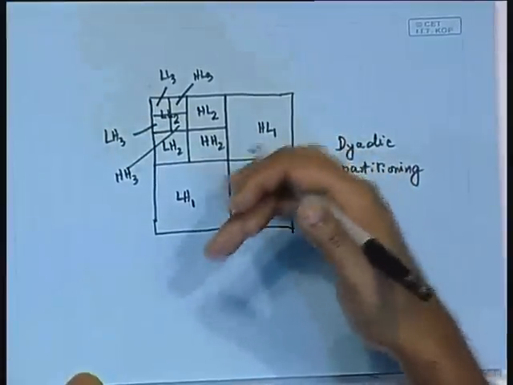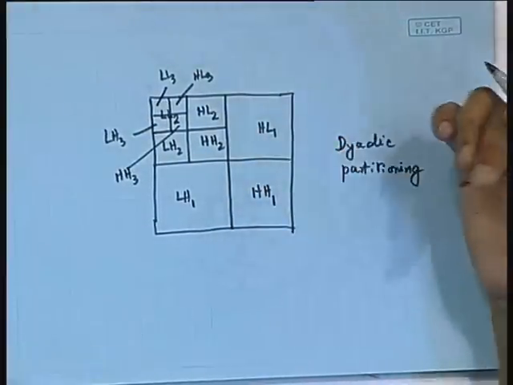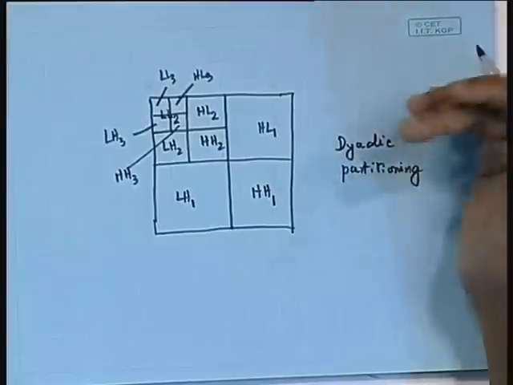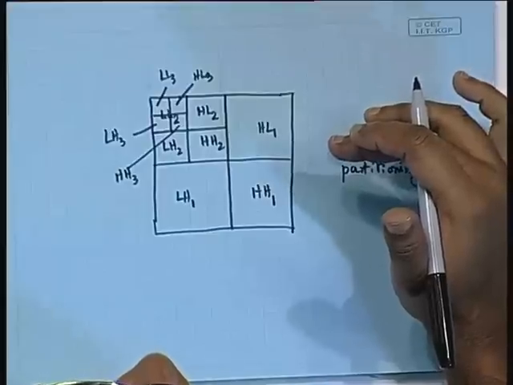Although it is not mandatory that you have to do dyadic partitioning only, because you can analyze any of these subbands individually. If it so happens that your image has rich high frequency content, a rich HH band content, you can analyze the HH band and extract some further analysis.